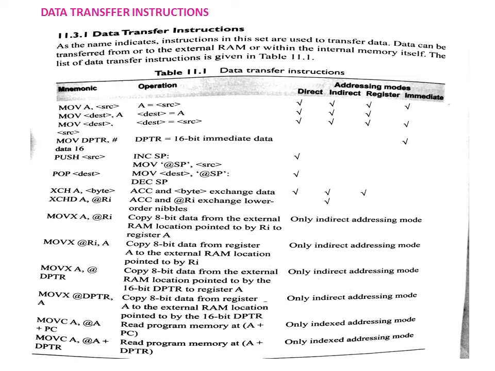Next, first one, data transfer instructions. In the name itself, data transfer. The meaning of data transfer is that the data is moved or simply transferred from one location to another location.